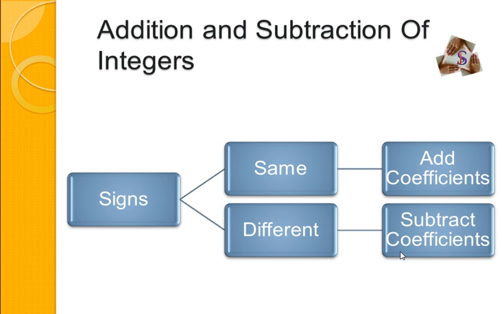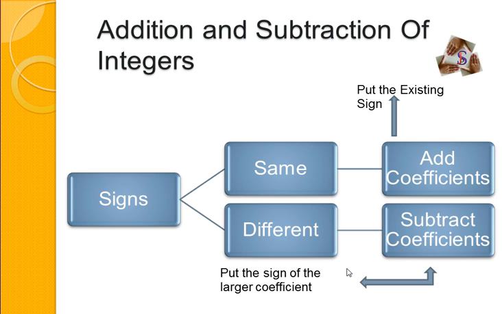If the signs are different, we will subtract the coefficients. Then, what about the final sign that we will put? After we add the coefficients, we will put the existing sign. After we subtract the coefficients, we will put the sign of the larger coefficient.